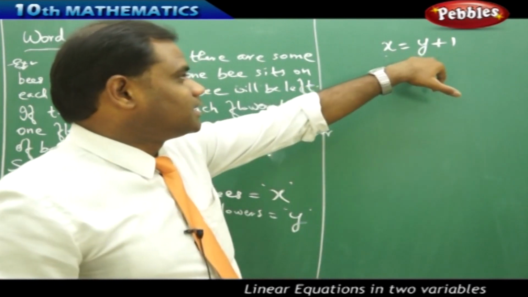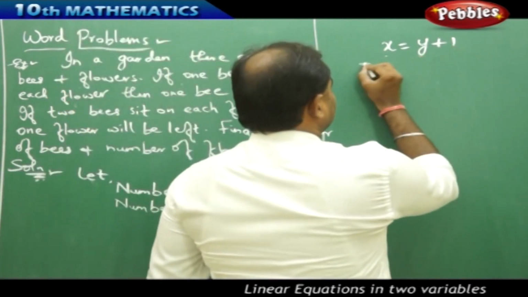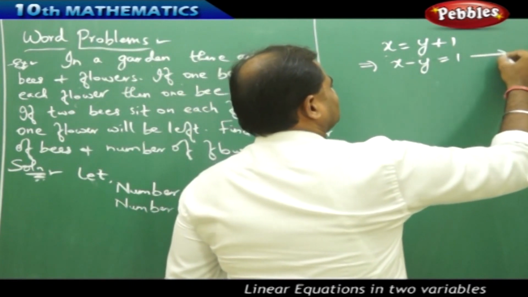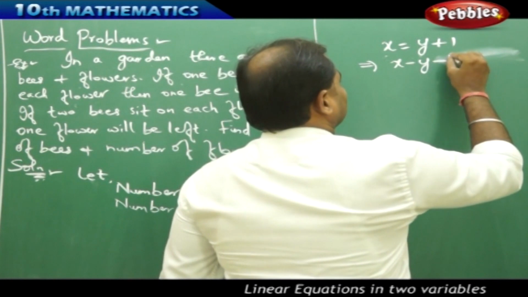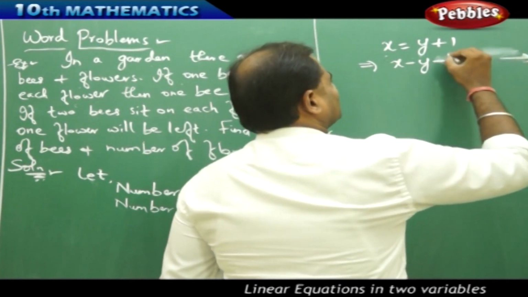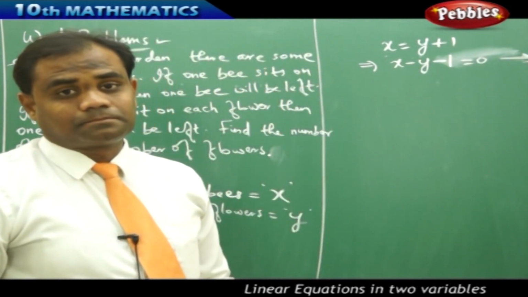Therefore, I have the equation x equals y plus 1. That implies I can write this as x minus y equals 1, or x minus y minus 1 equals 0, which is equation 1. This is the first condition I have utilized here.